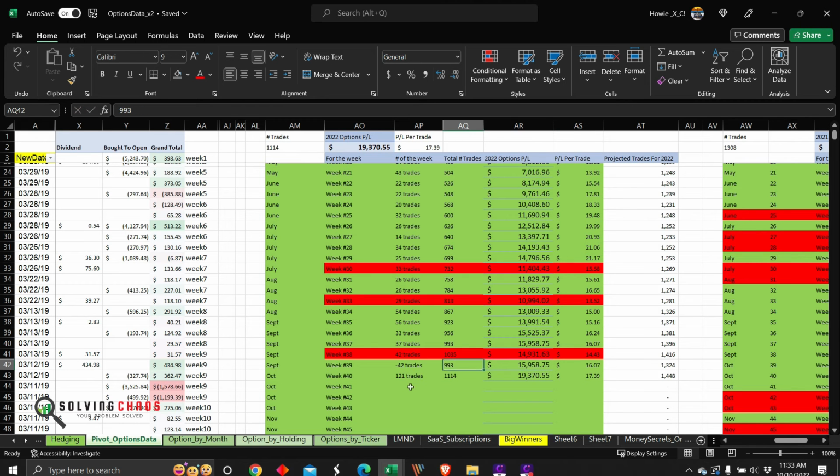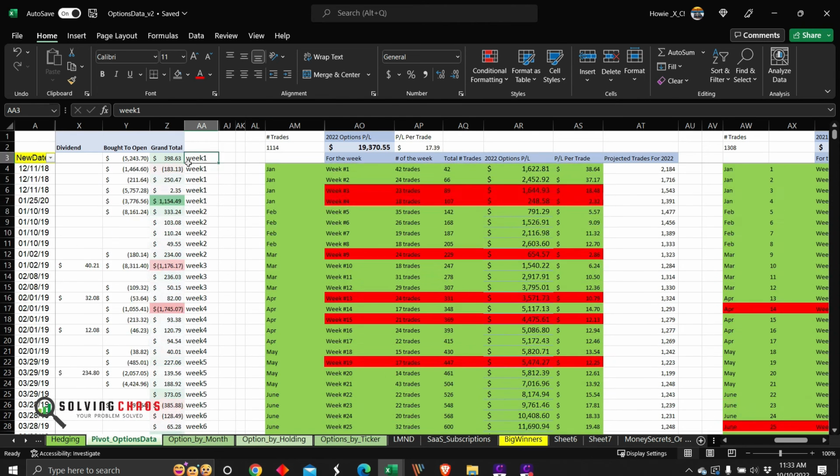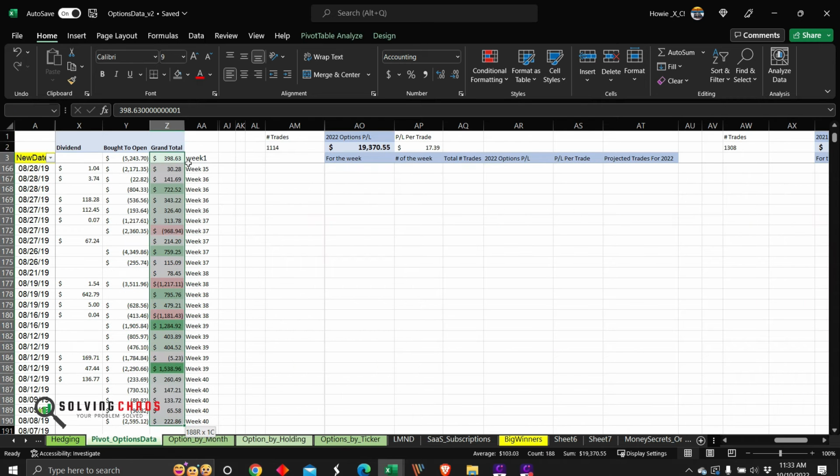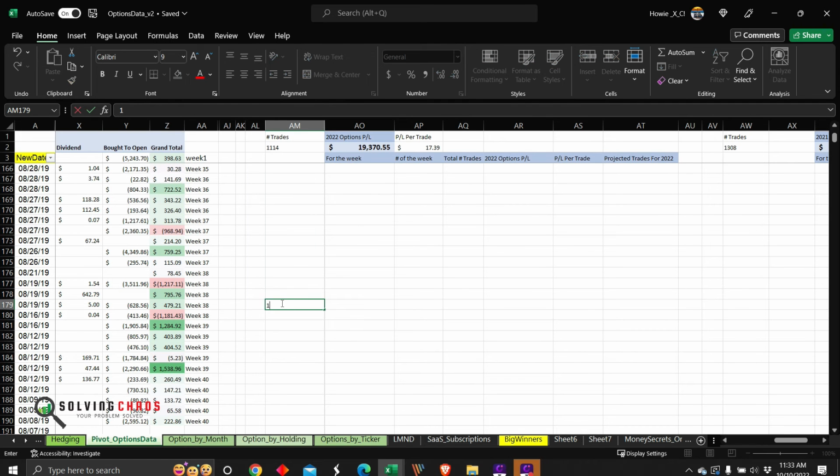And then I just have to figure out what week number 39 trade is and how much money I made in week 39. So the good thing about having all these pivot tables is you can do this. And then week 39 is 18540.69. So let me just type it out.